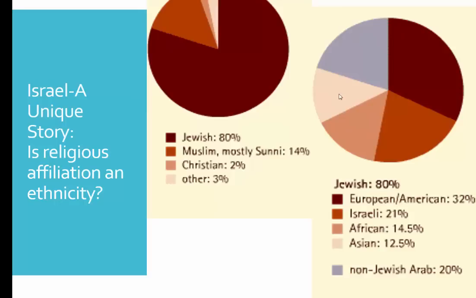And from my perspective, I think it is significant to note the Jewish identity and to also break down that Jewish identity into specific ethnic groups, European Jews as well as Middle Eastern Jews.